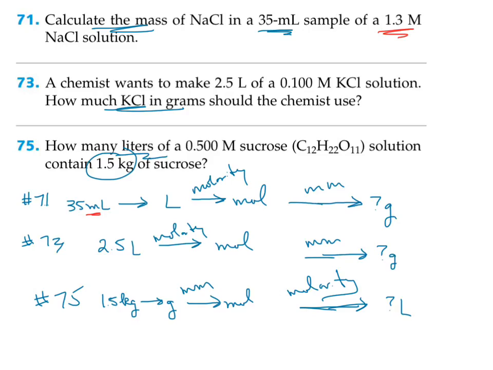And how many grams are there in 1 kilogram? Yep, very good. And then once you have grams, you can get to moles using the molar mass. And then once you have moles, you can use molarity to get to liters. So that one's a little different.